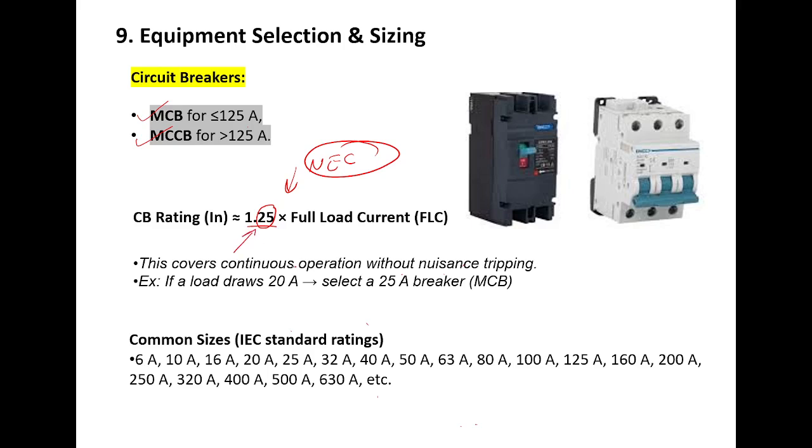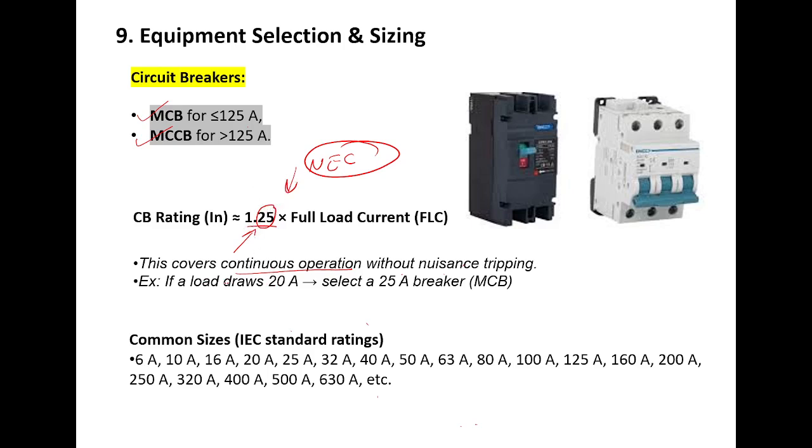This value is only for continuous load, and it will work continuously without any nuisance tripping. For intermittent load, you should go with a 1.5 value. That will be discussed in the motor chapter.